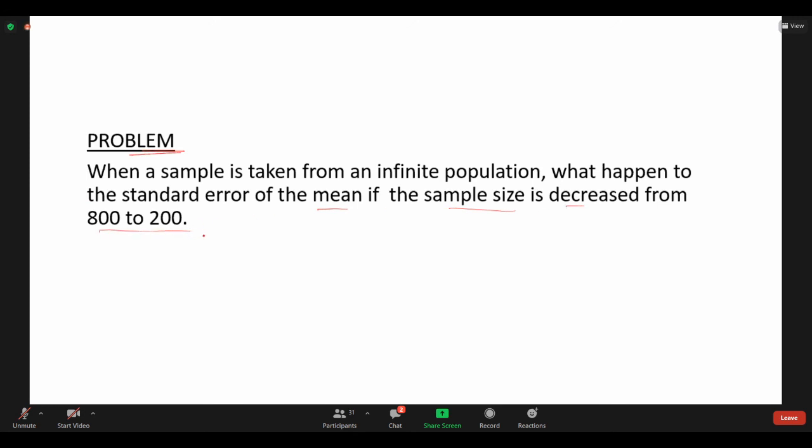In the previous question, the sample size was increased. Here it is decreased, but the concept is the same. We know the standard error formula. We substitute both sample sizes and find the relation between them. All of you do it now.